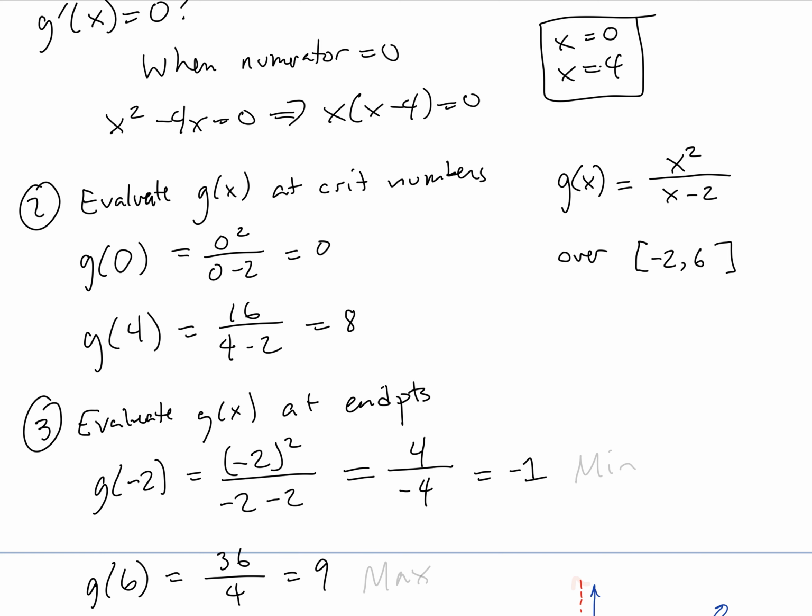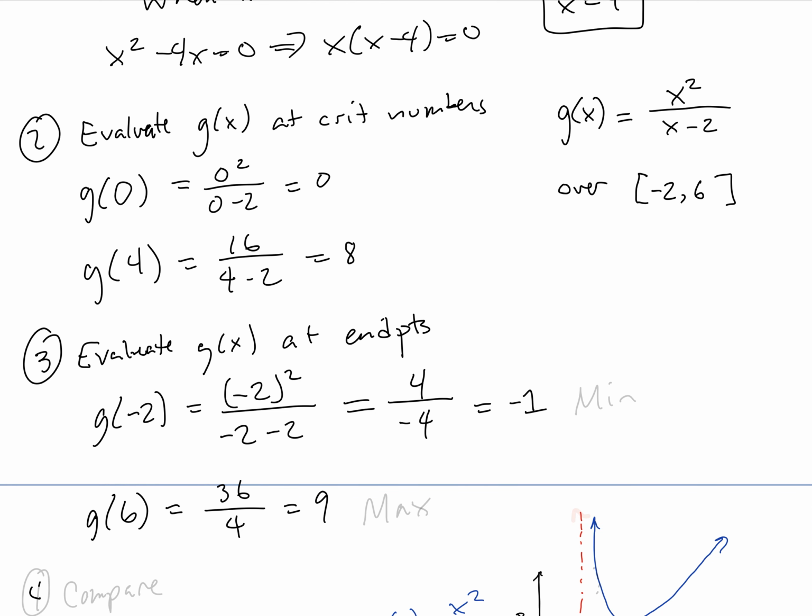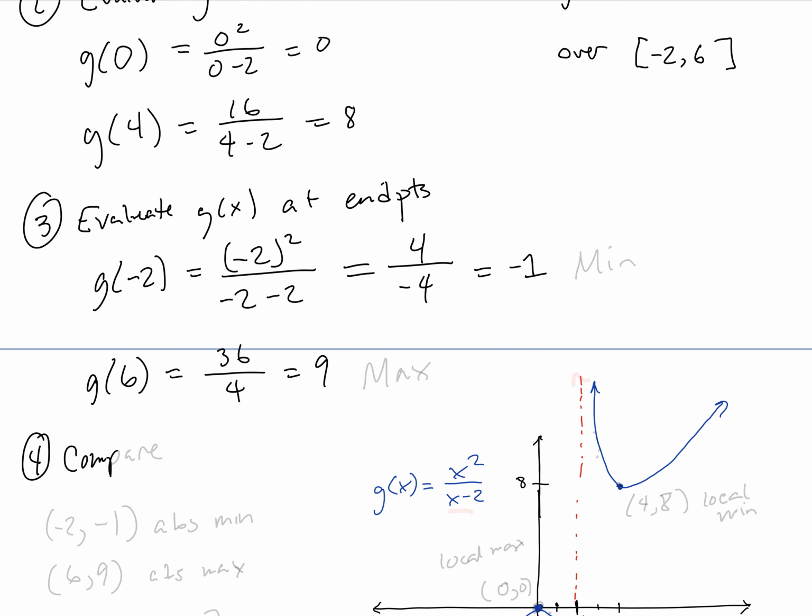Now we need to compare these outputs, compare these values for the output g of x, and what do we see? We see that we've got output of 0, output of 8, output of negative 1, and output of 9. We see that 9 is our maximum, and negative 1 is our minimum. So actually neither of the critical values is an absolute max or min.